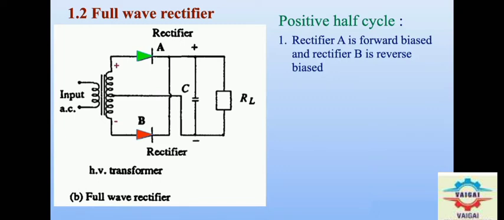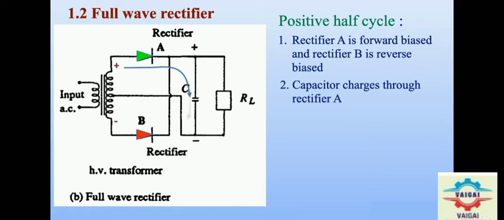During the positive half cycle, rectifier A is forward biased and rectifier B is reverse biased, and the current flows via diode A to the load resistance and to the transformer. The capacitor charges through rectifier A.